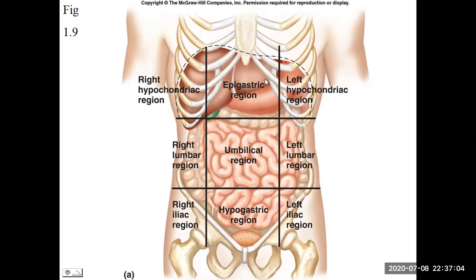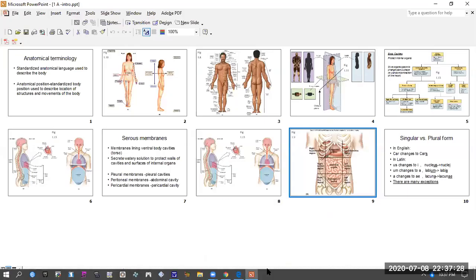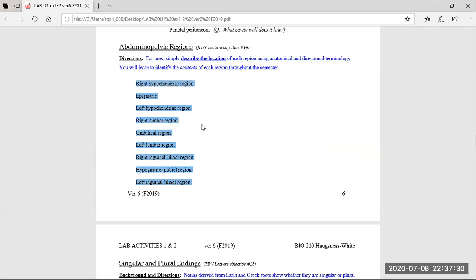And just learning the different segments here on this grid. So this has all the terminology. And keep in mind, it's right and left as if you are the patient, as if you are the subject. So just simply learning the names, nothing more. The names of those different segments.